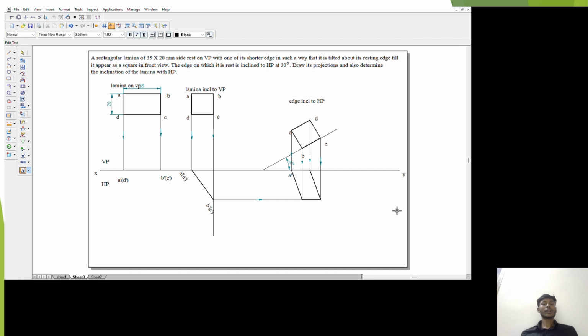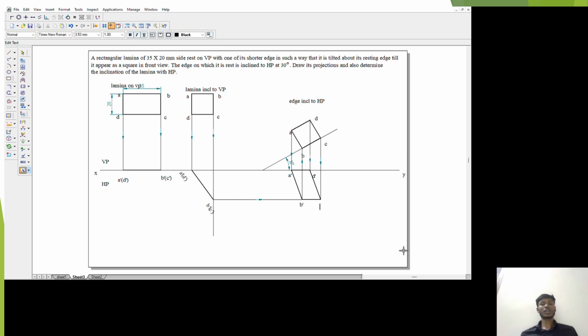Then A dash is visible, B dash is visible, E dash is not visible, C dash is visible, D dash is visible. Then the A dash, B dash, E dash and C dash lines should be visible lines.